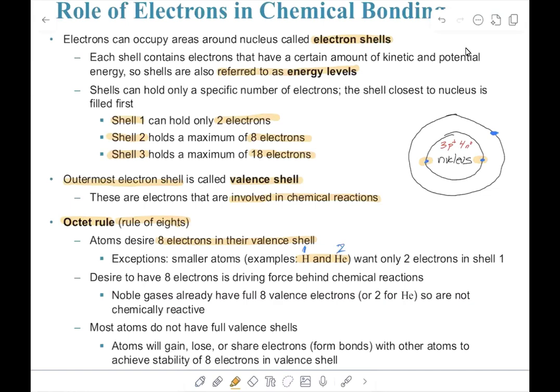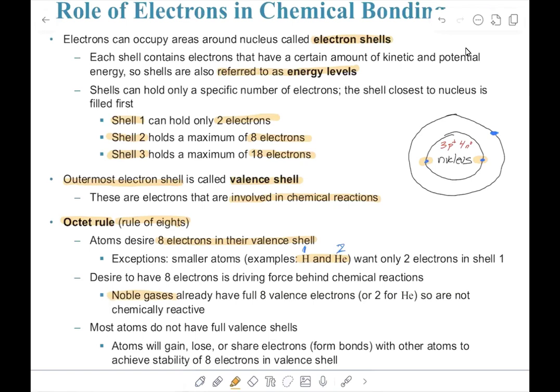One of those exceptions is what's called a noble gas. And if you've had chemistry, you've heard of noble gases before. They're on the far right side of the periodic table. So pause this video and take a look at your appendix in your ebook, and you'll see the periodic table.